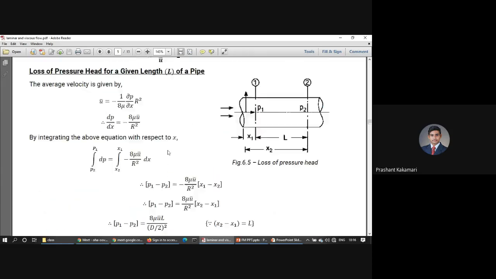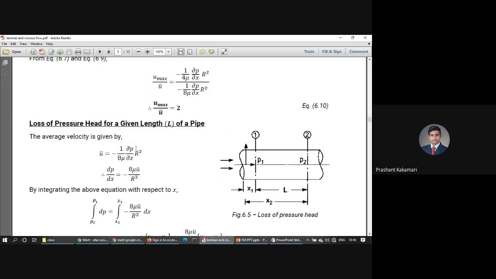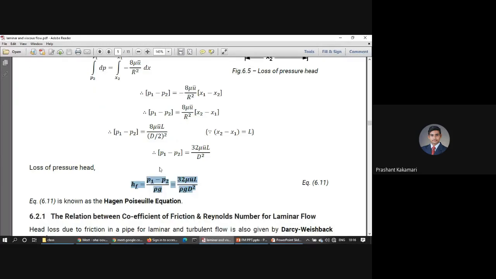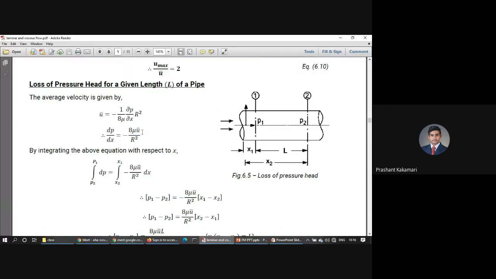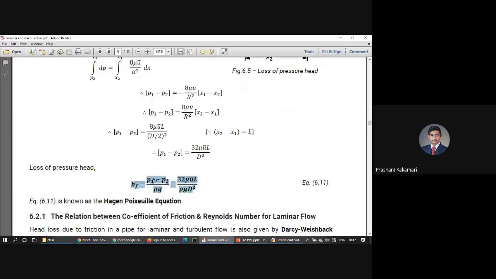Whatever dou p by dou x we discussed here, the change in pressure or the difference in pressure for a given length of pipe, the same thing is expressed as P1 minus P2 by delta x. That delta x is taken as L here. Okay, so by just replacing that dou p by dou x in the average velocity equation, we have converted it into pressure head difference.